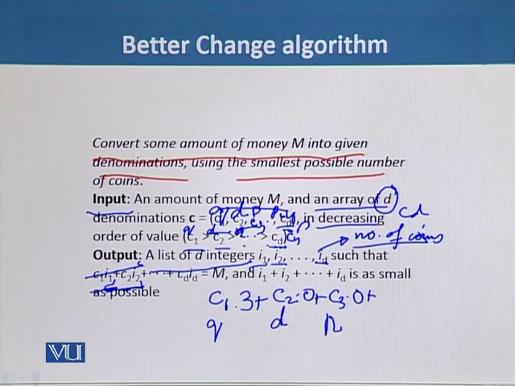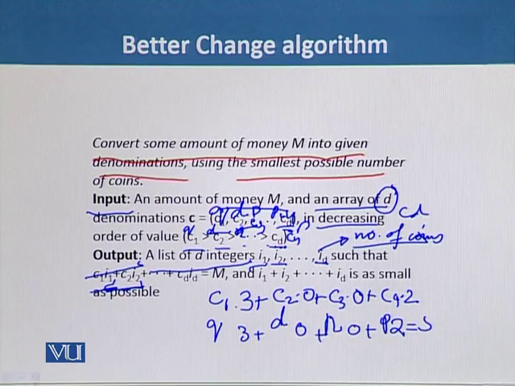Then we add CD ID, meaning the least coin, that is penny in the case of the United States, and we remember that C4 is penny and we got 2 pennies. So if we add it up, 3 plus 0 plus 0 plus 2, we get 5 coins in total.